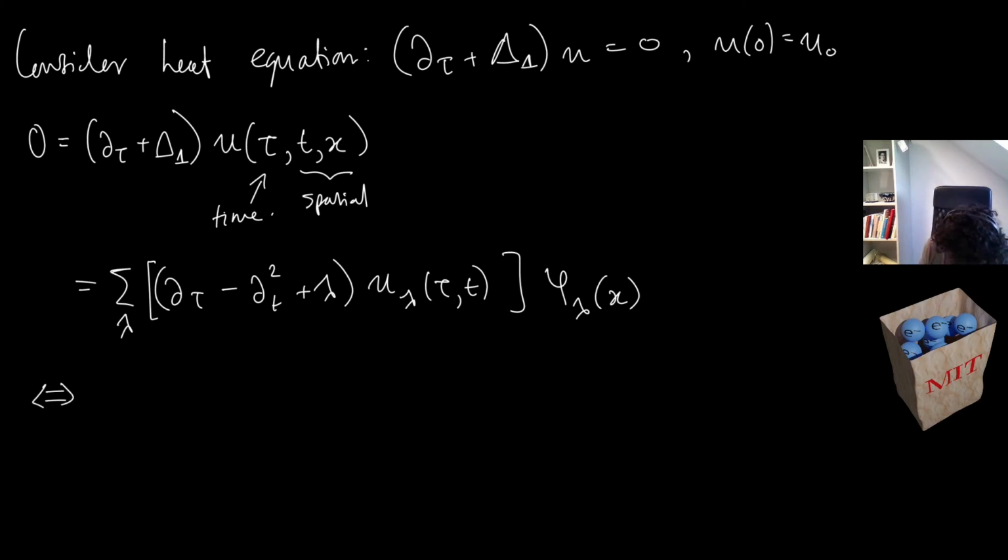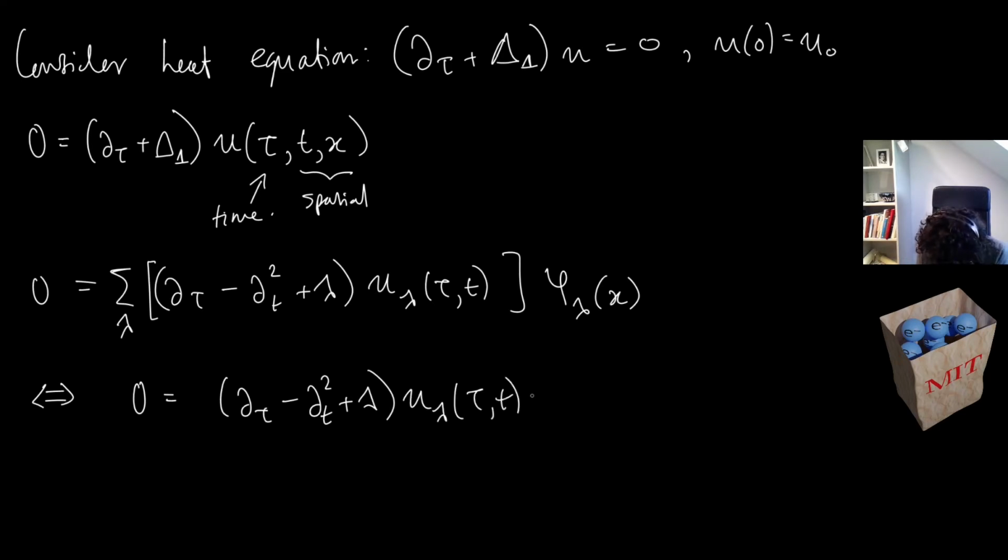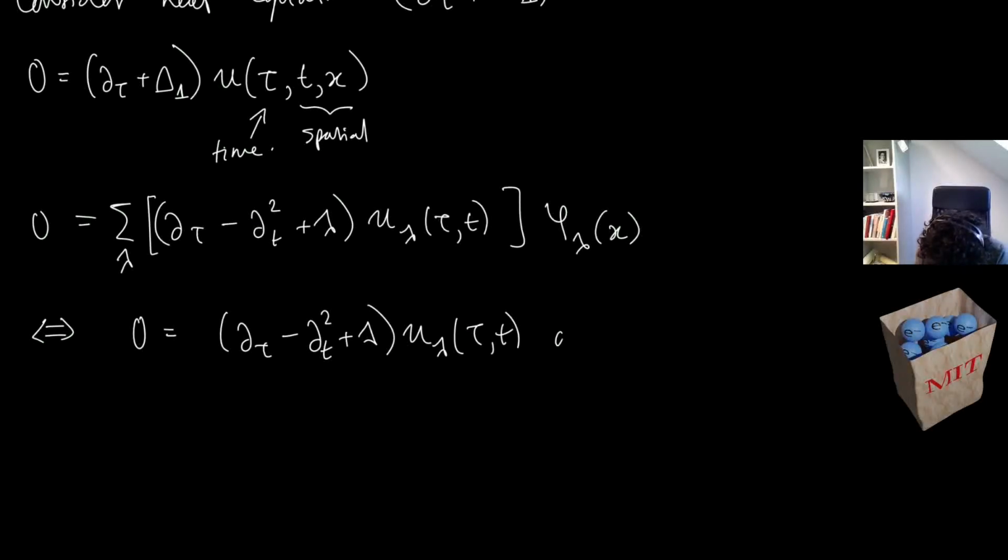So this happens if and only if ∂_t minus ∂_t² plus minus λ applied to u_λ(τ, t) is 0, and u_λ at 0 in this variable is equal to some u_λ naught of that variable.